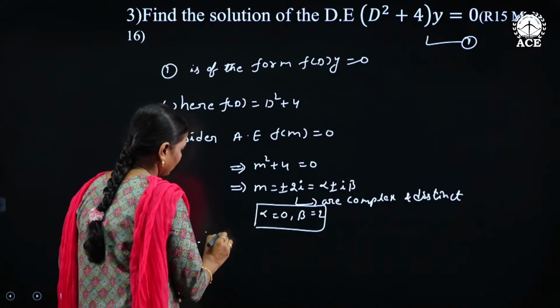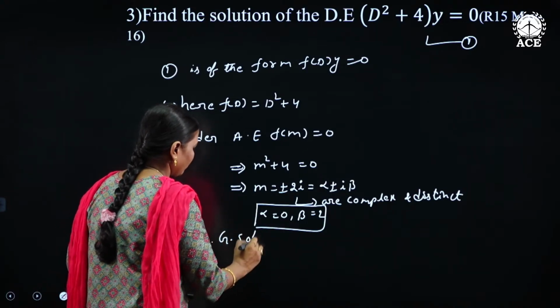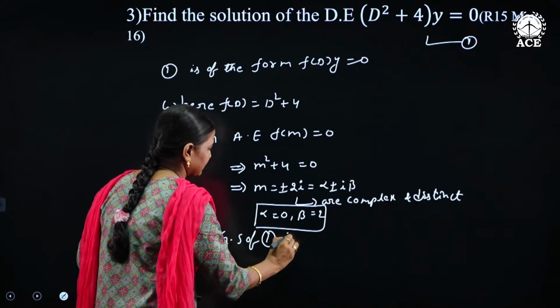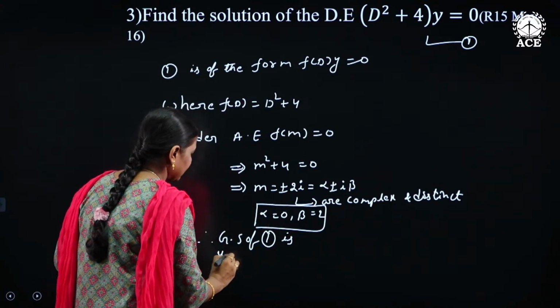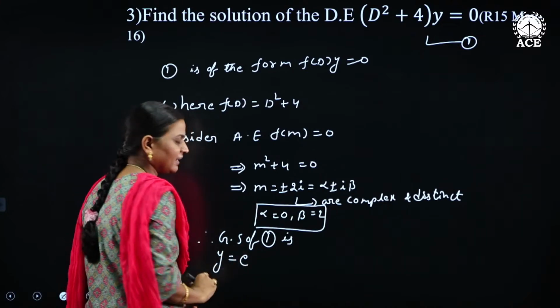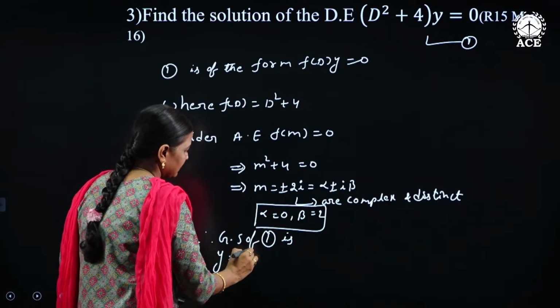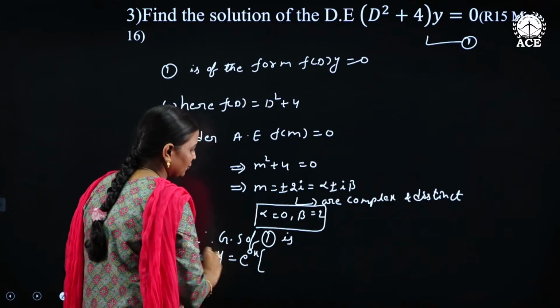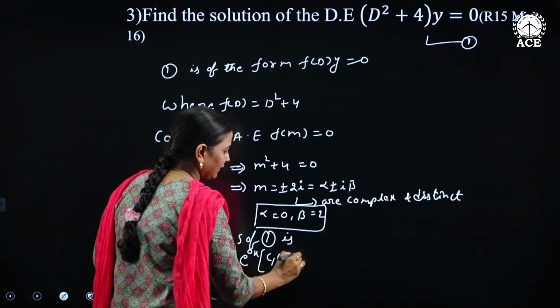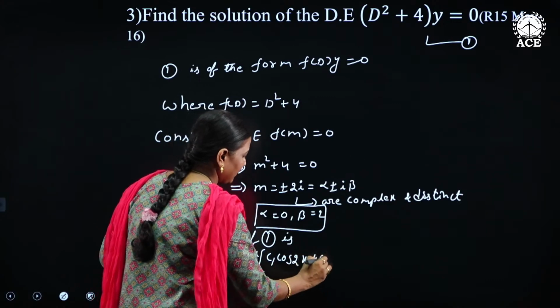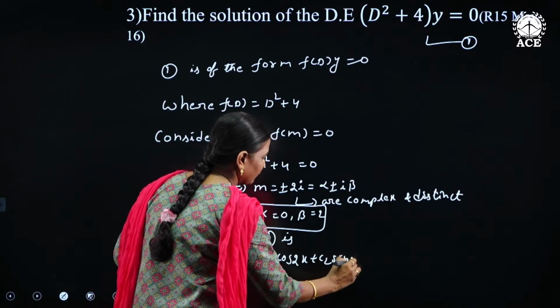It follows the third case. So the general solution of equation 1 is y is equal to e power alpha x, where alpha is 0, e power 0x, into c1 cos beta x, where beta is 2, so cos 2x plus c2 sin 2x.